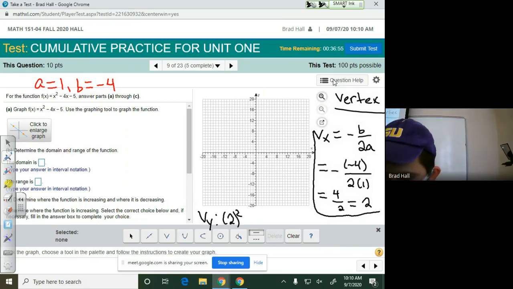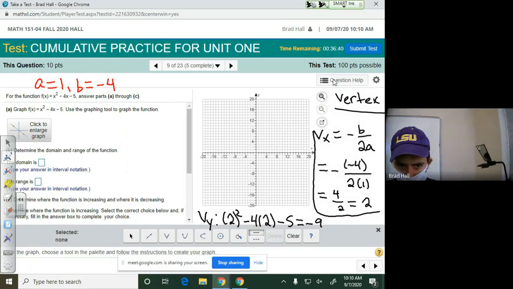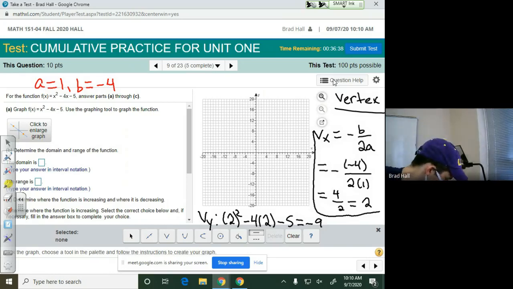So now it's 2 squared minus 4 times 2 minus 5. So just a bunch of calculator work. We get -9.